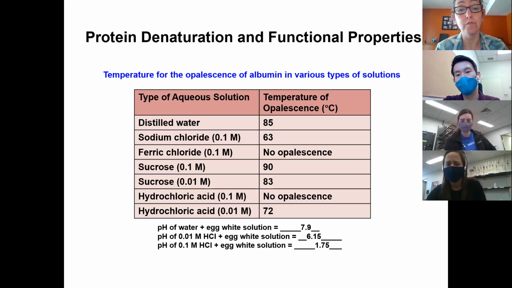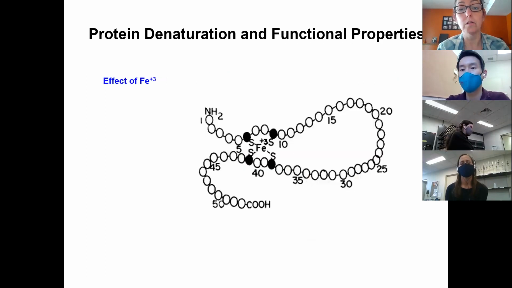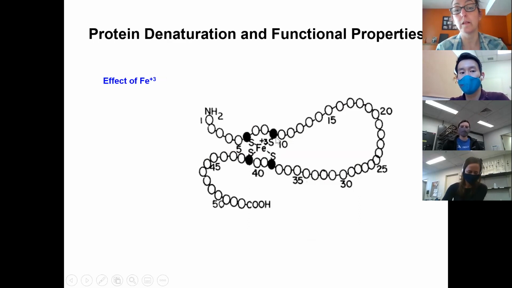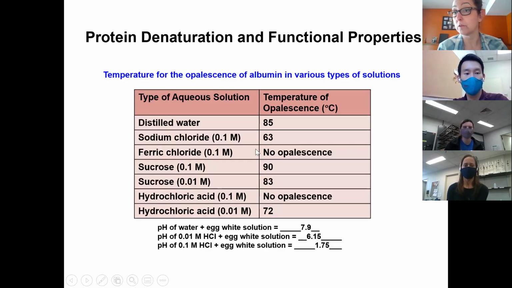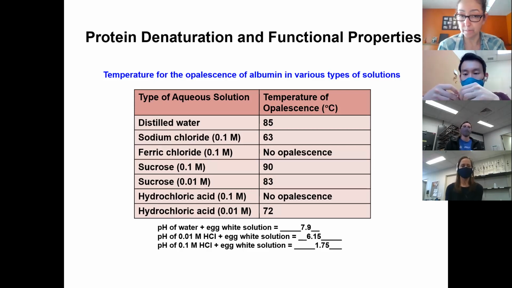But with ferric chloride, no matter how much we heat it, it remained clear. Why? Because ferric chloride forms linkages with sulfhydryl groups and keeps the protein from unfolding. So it won't unfold, it won't form hydrophobic interactions with another protein solution, so it doesn't give you the opalescence.